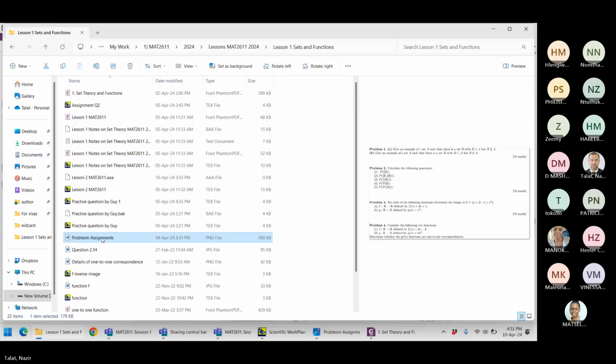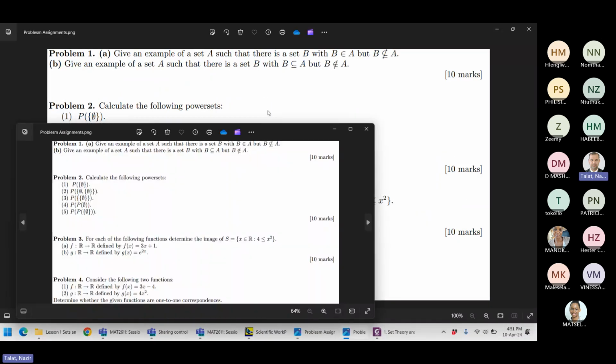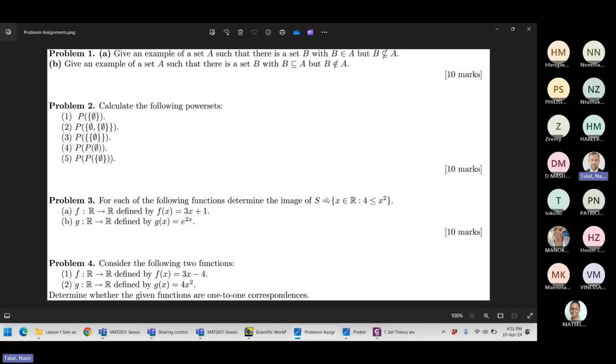And if we come to some problems related to the assignments, here you have a set defined. f is a function defined as f of x equal to 3x plus 1, and g(x) is also a function from R to R defined as g(x) equal to e raised to the power 2x.